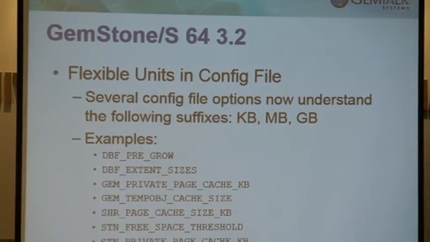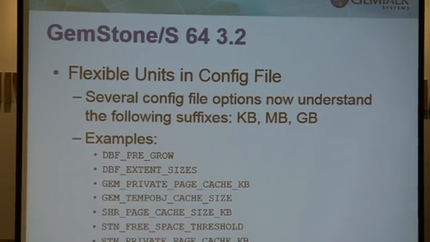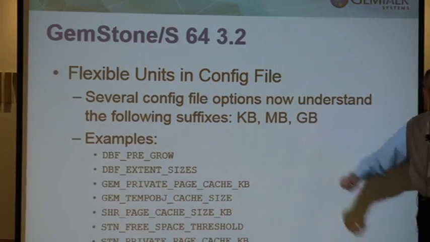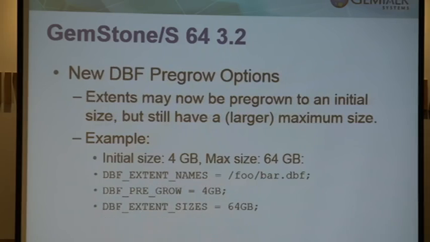That gets a bit cumbersome when you have to keep adding zeros and you're not sure how many zeros you've added. So now for a number of these you can put a number with a suffix. If you want a 2 gigabyte shared page cache, you don't have to say 2 times 1024 times 1024 and try to write out this million number.